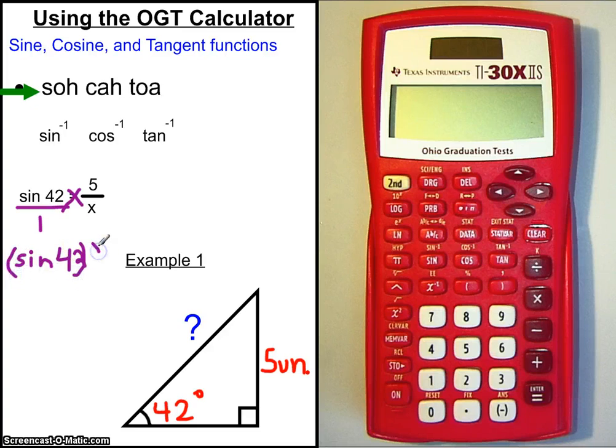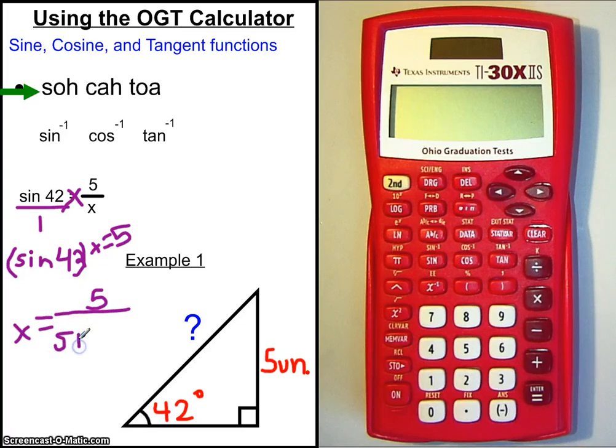And my handwriting is probably not going to be the best here. And then the 1 times 5 just gives you a 5. If you remember the next step, you're trying to get the x by itself. So we are going to divide both sides by the sine of 42, which will give us x equals 5 divided by sine of 42.